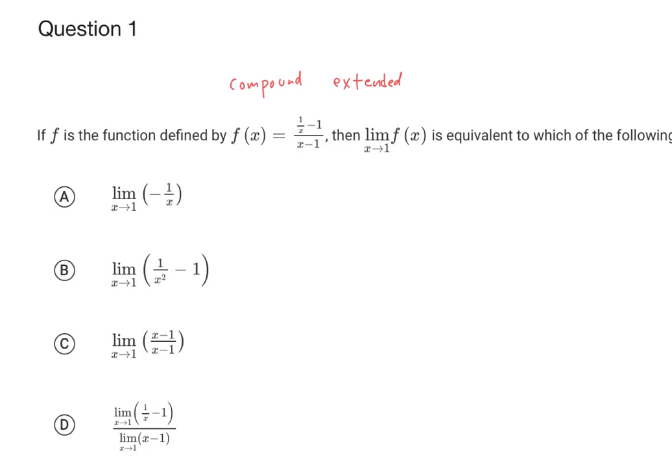But you can only do that if the bottom limit doesn't equal 0. Notice the limit of the bottom equals 0, so you can't use the property that limits distribute to fractions if it makes the bottom 0. So we can't do d. All the rest look like they could be a different form of this.